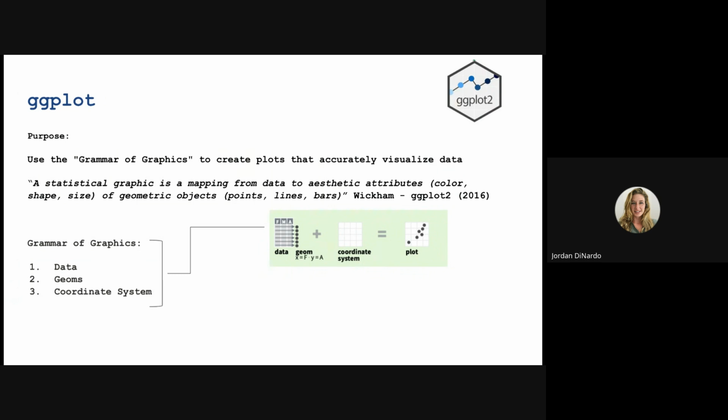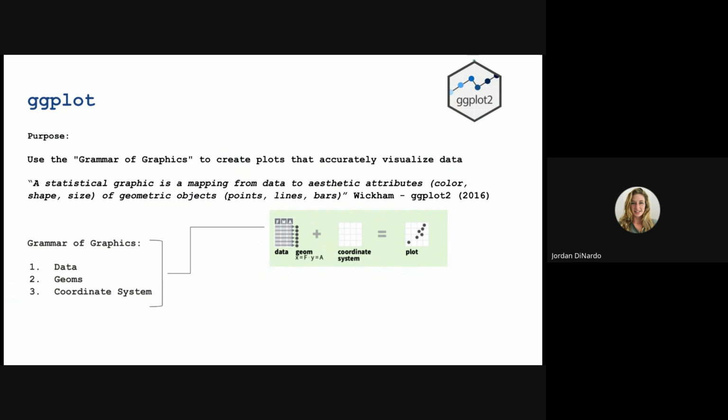So first and foremost, the purpose of ggplot: it uses what's called the grammar of graphics, GG, to create plots that accurately visualize data. A quote from Wickham: a statistical graphic is a mapping from data to aesthetic attributes, whether that's color, shape, or size, of geometric objects, which are points, lines, bars. That really is a great way to describe what ggplot is.